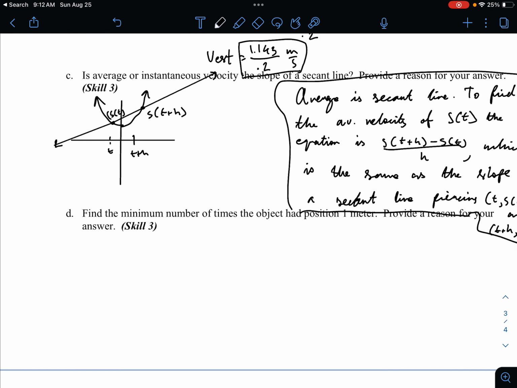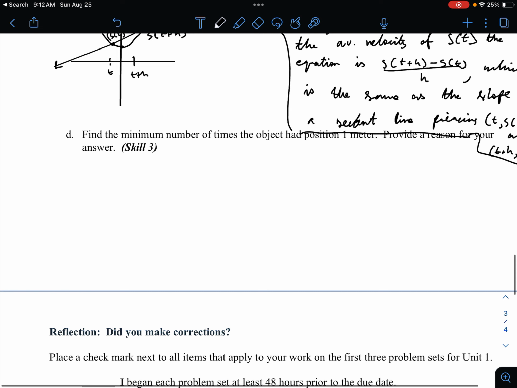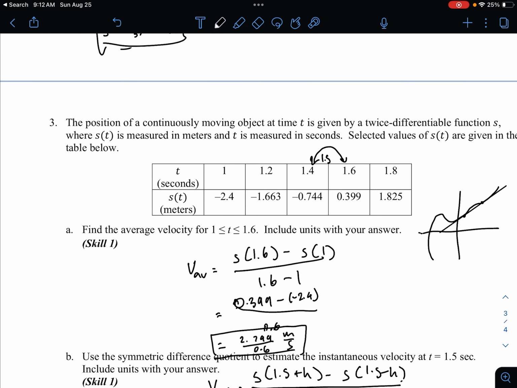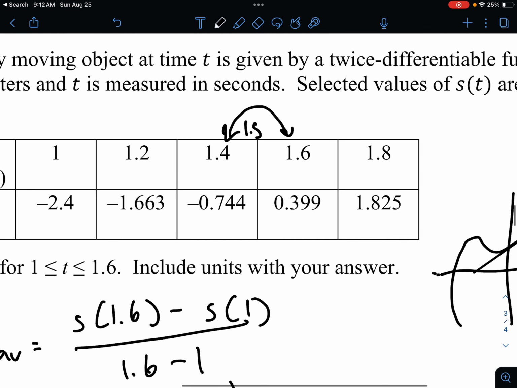Find the minimum number of times the object had position 1 meter. This is IVT, so the way I would do this is I would say, how many times is 1 in between these values?